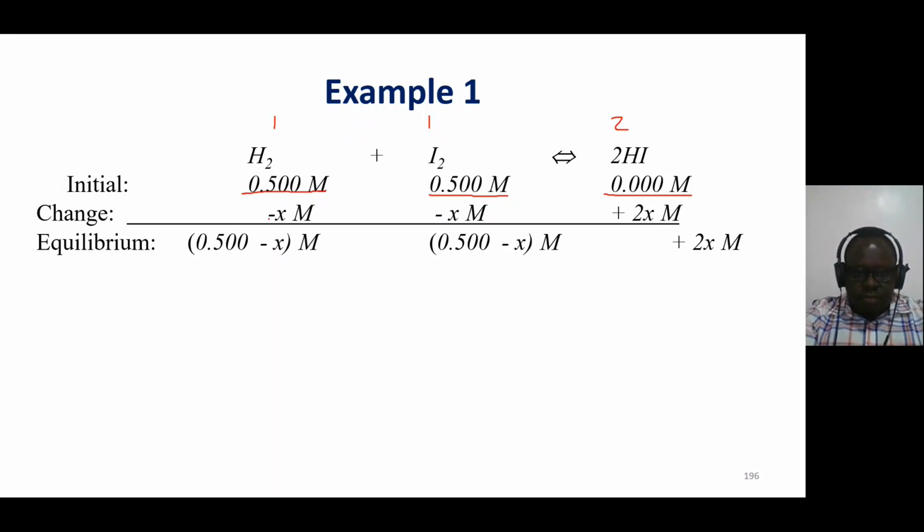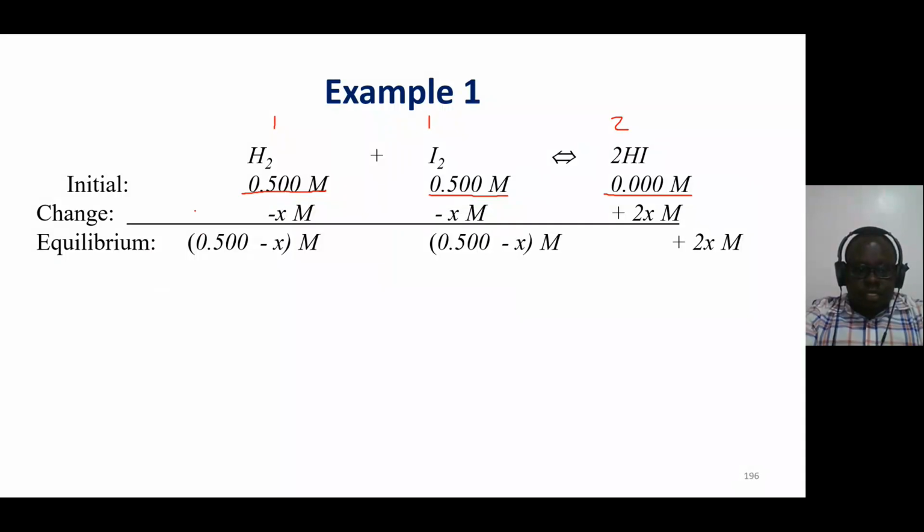So if it changes by minus X, from the mole ratio, iodine will also decrease by the same amount, that is minus X molar as well. Now, HI, because of the mole ratio here, will increase by 2X. These ones are reducing by X. This one will increase by 2X molar.